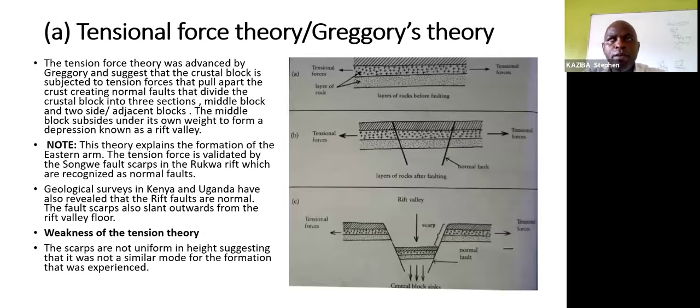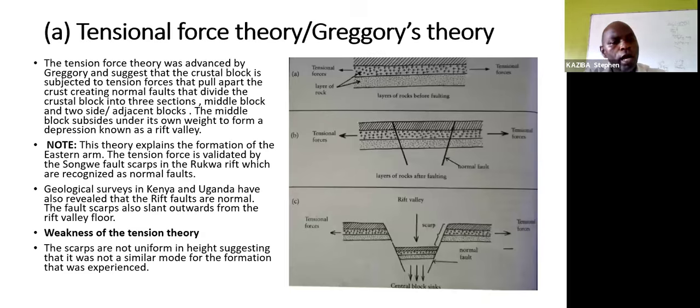So when they say examine the validity of the theories, state the theory very well, draw the diagrams, then support by giving the validity, then give its weakness. So you know very well that the first theory is the tensional force theory, put forward by Gregory, and he talked about the Earth's crust being exposed to tensional forces.